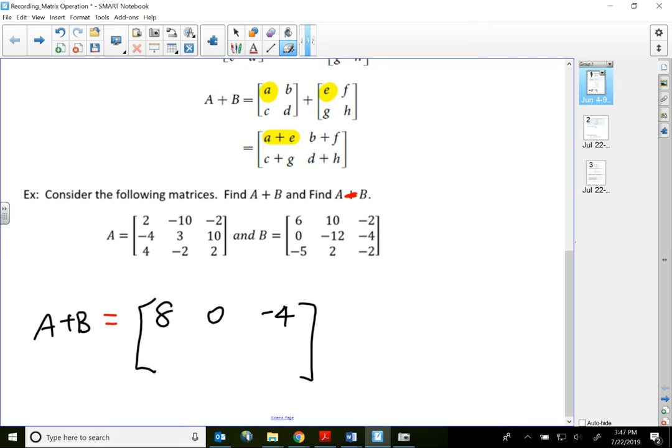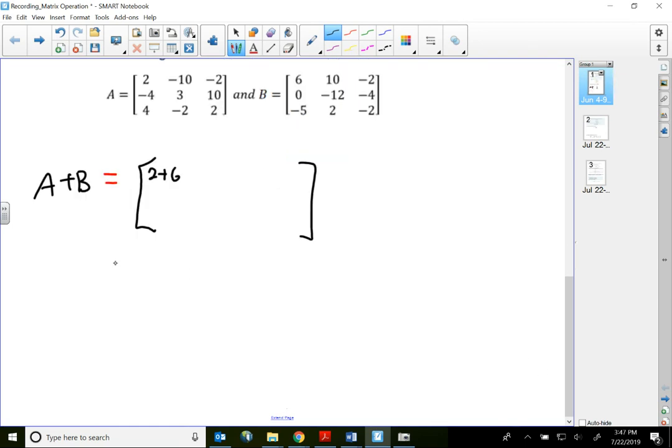To show some work, let me write this out first. 2 plus 6, I'm going to put my answer right behind here. That's 8. Row 1, column 2, negative 10 plus 10, which is 0. Row 1, column 3, negative 2 plus negative 2, negative 4.